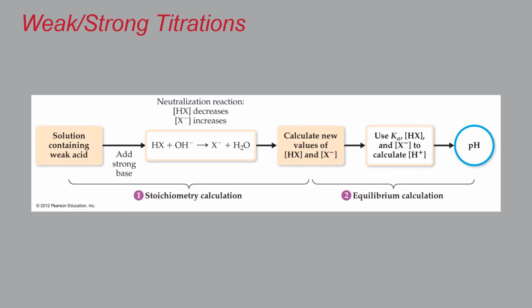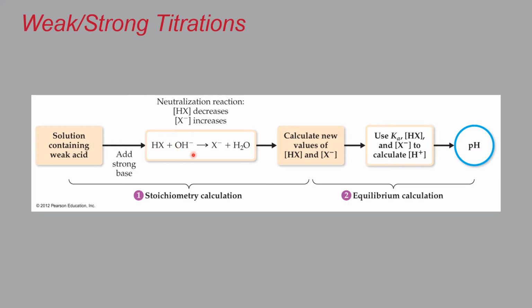So to review, this is going to be a two-step process. You've got the stoichiometric reaction between, in this case, the strong base, hydroxide, and the weak acid. Because one of the pair is strong, in this case the base, the reaction is complete.